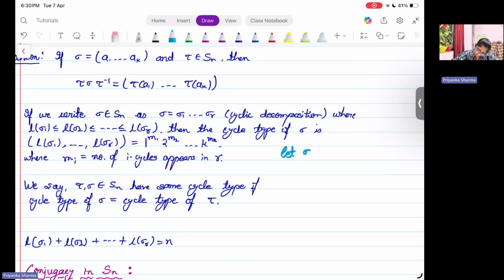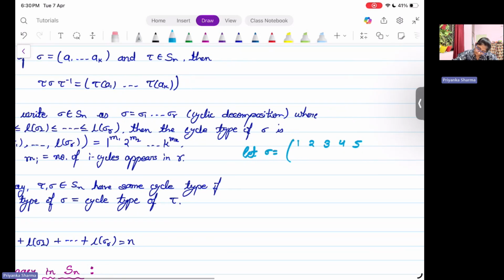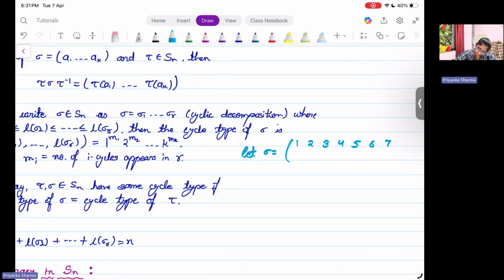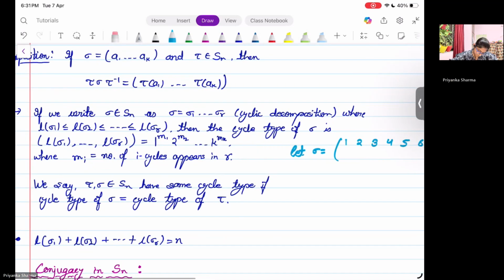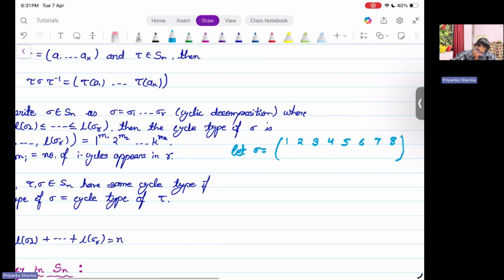Let sigma be 1, 2, 3, 4, 5, 6, 7, 8. 1 is mapped onto 2, 2 is mapped onto 1, 3 is mapped onto 3, 4 is mapped onto 6, 5 is mapped onto 7, 6 is mapped onto 8, 7 is mapped onto 4, and 8 is mapped onto 5.